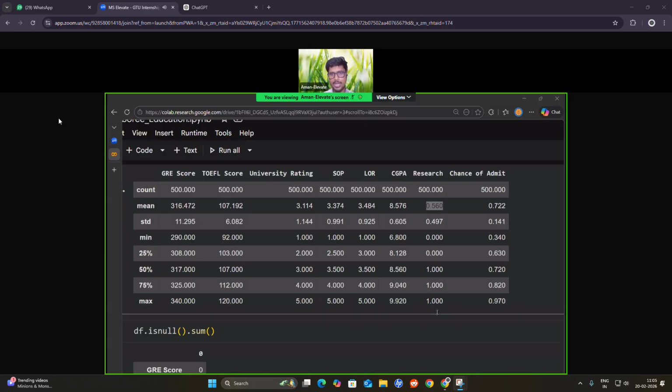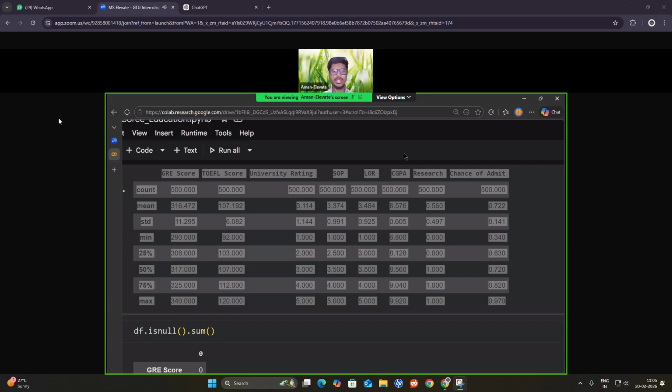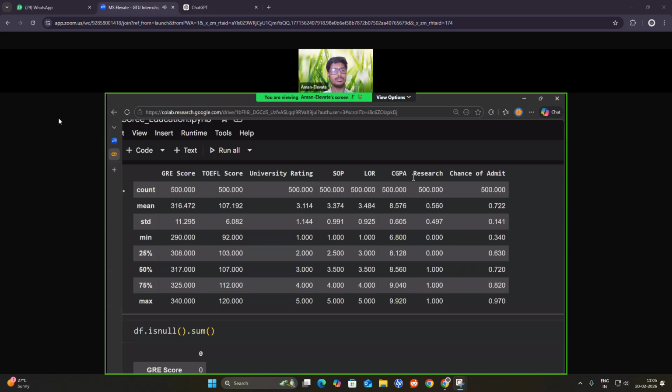Only half the population is having research. It means this will not be a really good factor in deciding our chance of admission. Since we only have few features, there is no need to drop it. But if we had a lot more features, we could simply drop this.